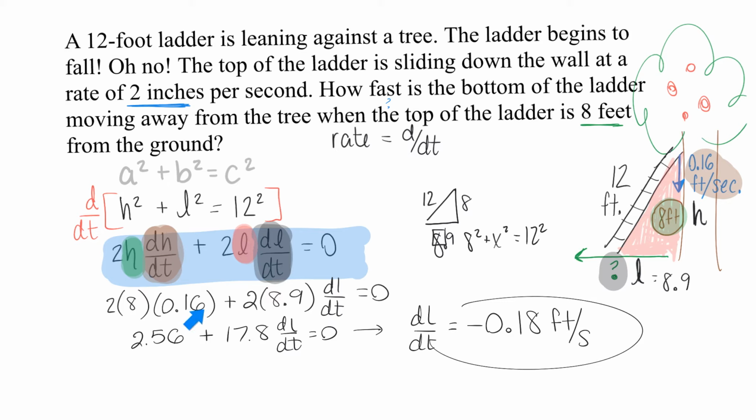We plugged in what we knew: our height at that moment, our rate at that moment. We found our length at that moment, and then we could solve for the rate of change of length at that moment. Another key was making sure we kept our units the same, like we didn't deal with inches and feet. We had to convert our inches.